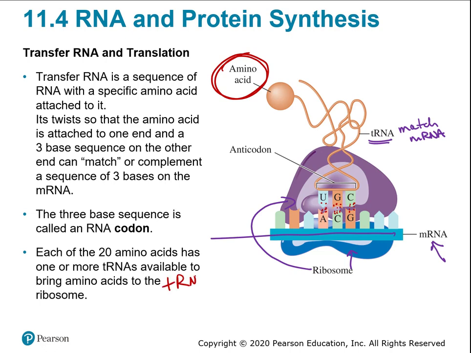So the tRNA brings amino acids to the ribosome that matches the mRNA sequence.